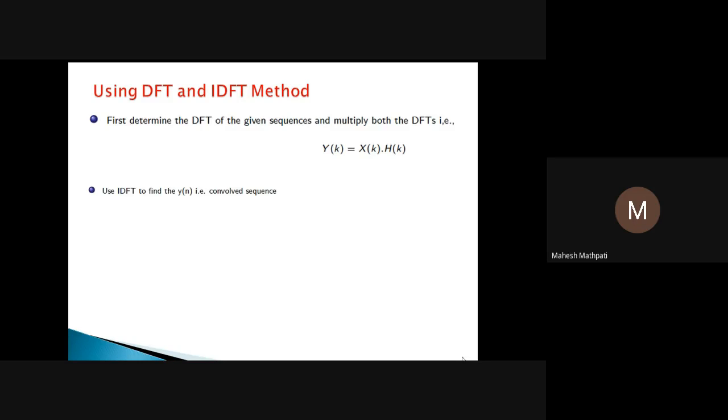This is the final output we are calculating with the help of IDFT. The formula is y of n equals IDFT of X of k into H of k.